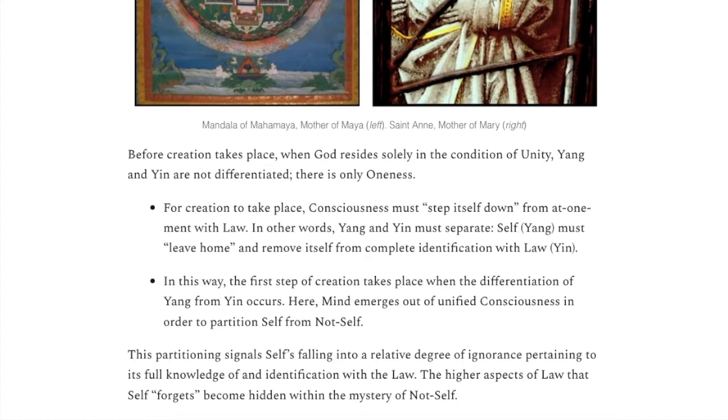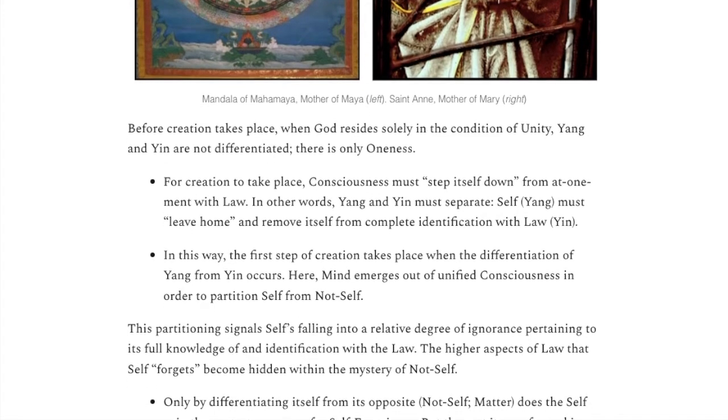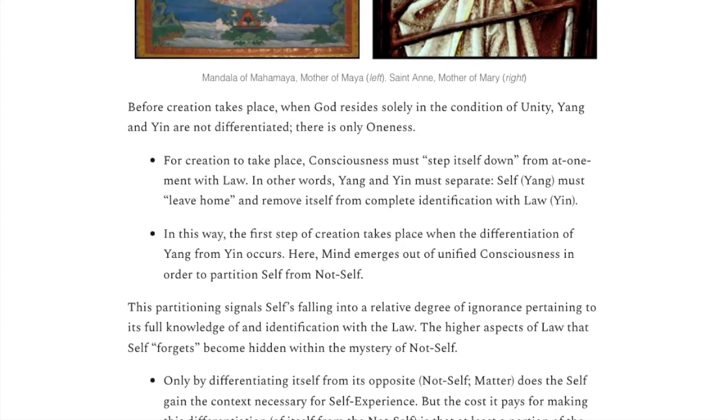Before creation takes place, when God resides solely in the condition of unity, yang and yin are not differentiated, there is only oneness. For creation to take place, consciousness must step itself down from at-one-ment with law. In other words, yang and yin must separate.